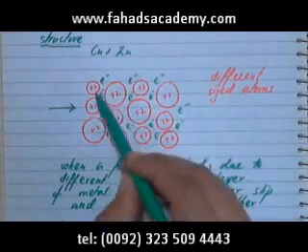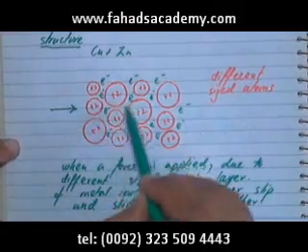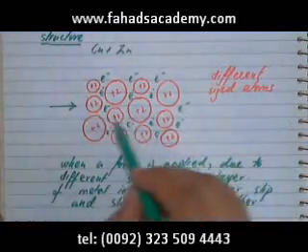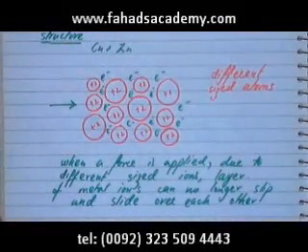You had this +2, but now it's not a layered structure, it's an irregular structure due to the different sized atoms, so they can no longer slip and slide over each other.